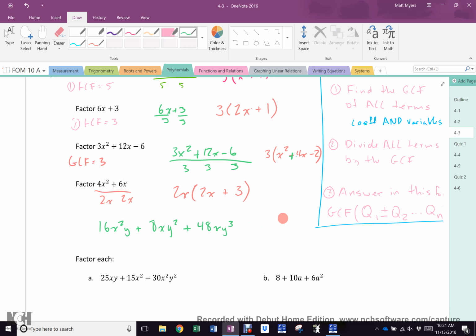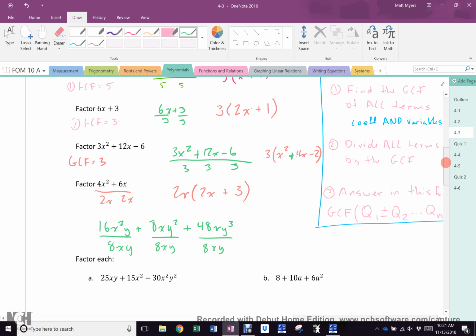Of course not. What's the GCF? 8. How many x's? 1. How many y's? 1. And then I just write my answer. The hard part is finding the GCF. I'm not even going to bother writing the answer because everybody should be able to do it, right?